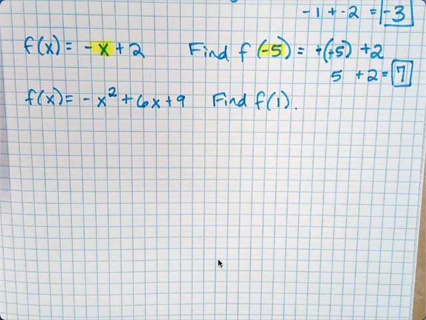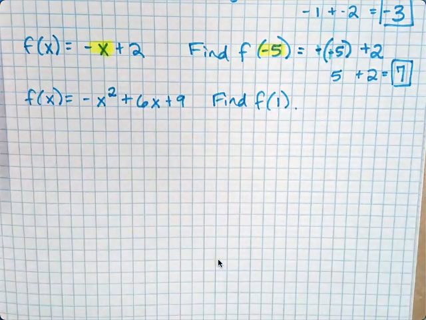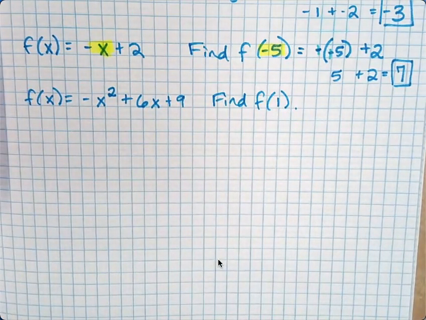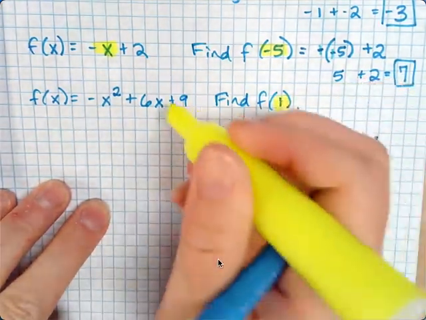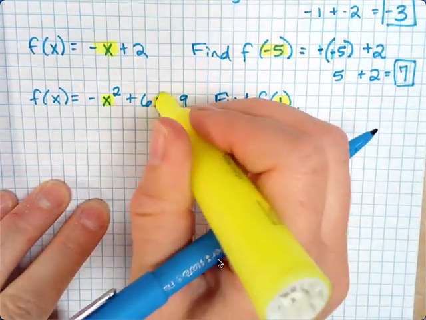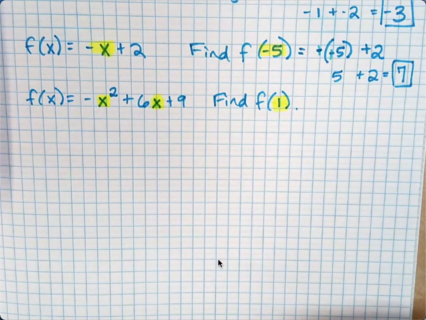So anytime you see an x value, you're going to plug in a 1 on this one. So f of x equals negative x squared plus 6x plus 9. Everywhere you see an x, we're going to plug in a 1.